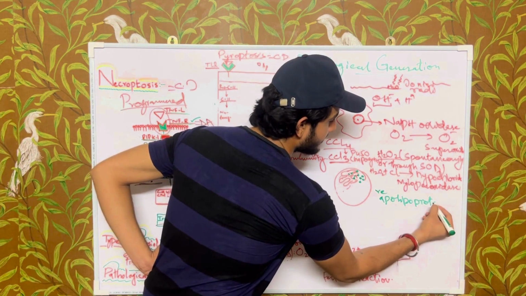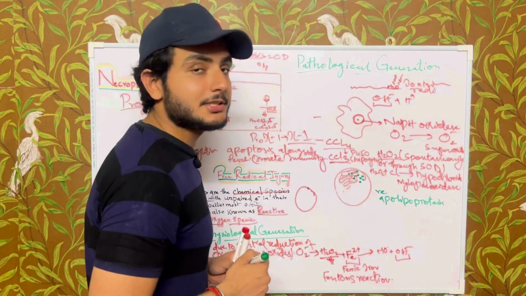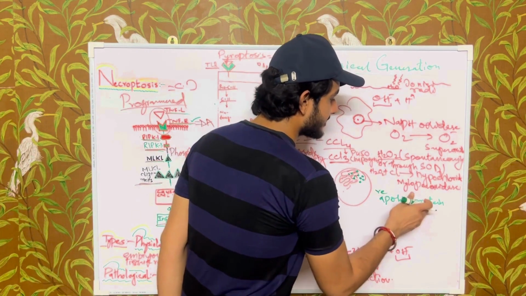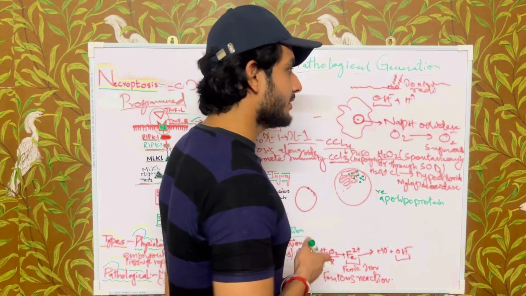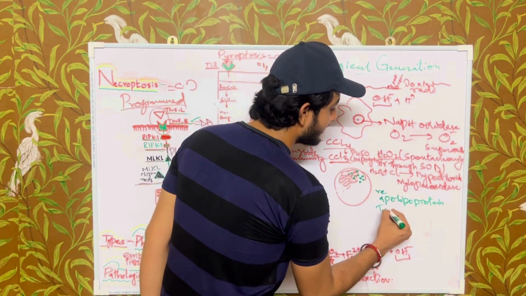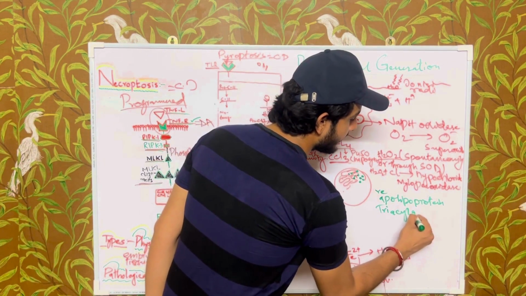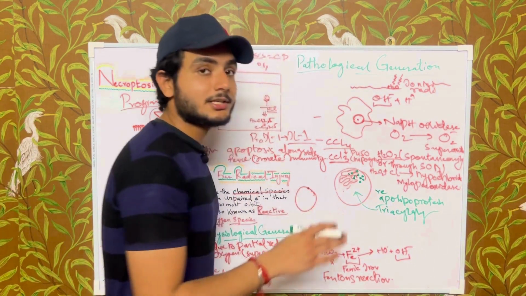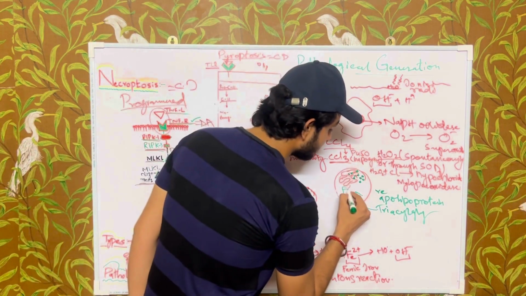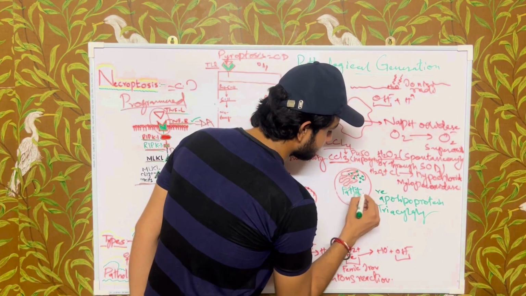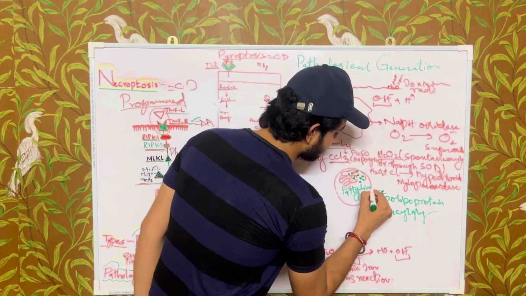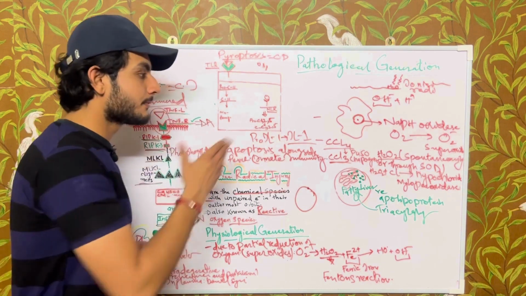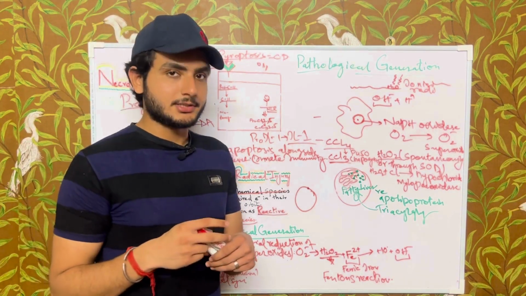These apolipoproteins normally bind with the triacylglycerides and are involved in the transport of these triacylglycerides, but due to the lack of these apolipoproteins, these triacylglycerides start accumulating within the hepatocytes and lead to the condition known as fatty liver. So this was the third example through which free radicals are generated pathologically.